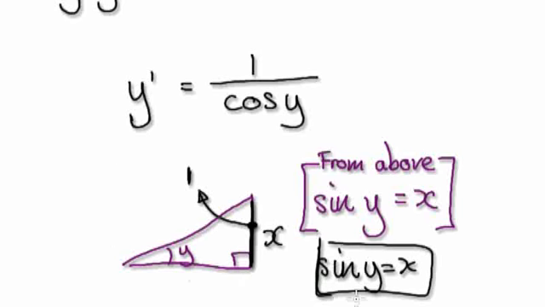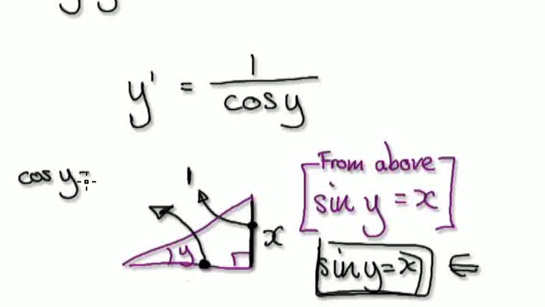At the moment it's sine, but we can translate this in terms of cos of y. Looking at this triangle, remember cos will be this thing here. So cos of y will be this length here. By using Pythagoras, this length will be root of the hypotenuse squared, which is 1 squared, take away x squared.